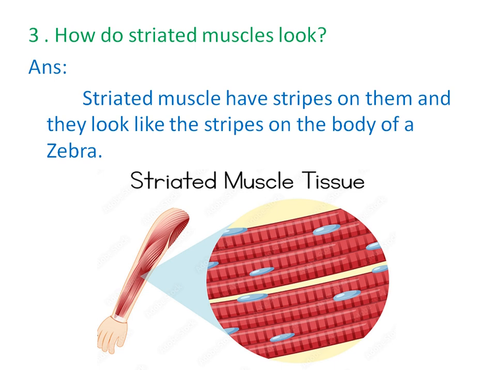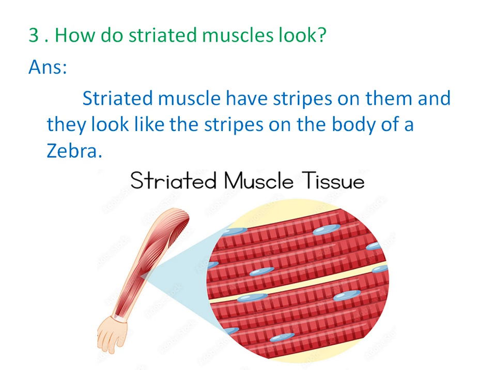These muscles are under our control. Okay, I am giving more about striated muscles. These muscles are under our control. We can move them according to our will. These are also known as voluntary muscles.